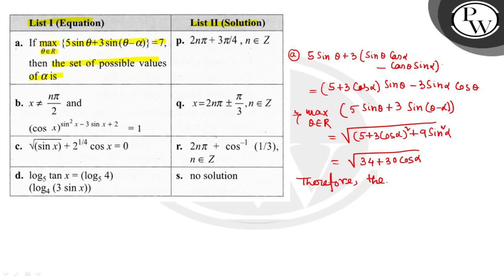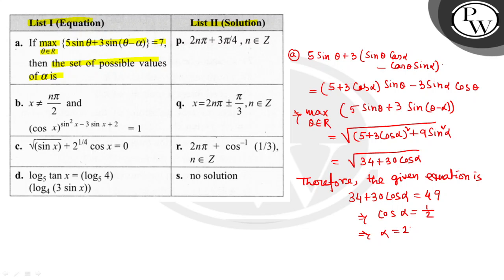Therefore, the given equation is 34 plus 30 cos alpha is equal to 49. So you can write cos alpha is equal to 1 by 2 after calculation.